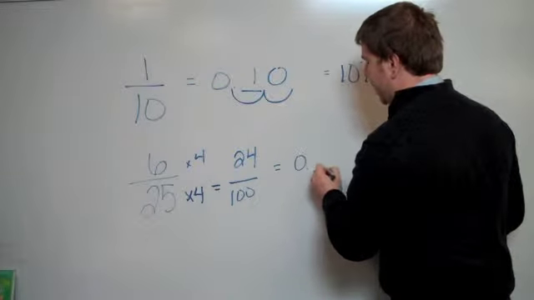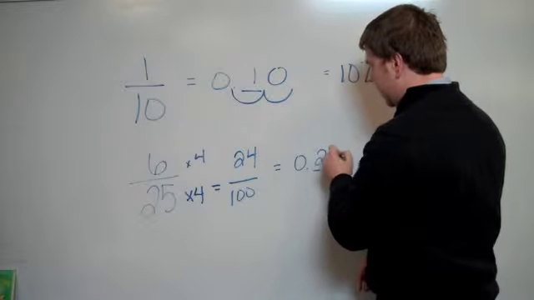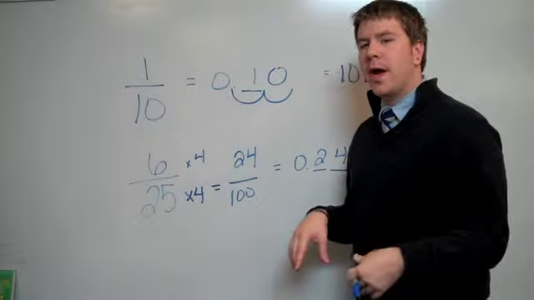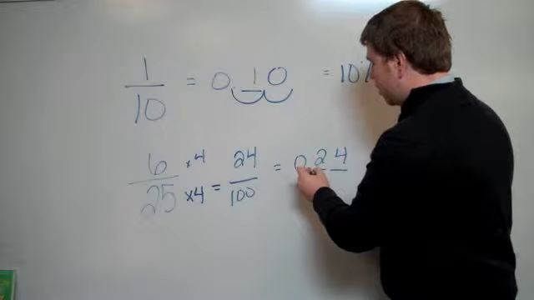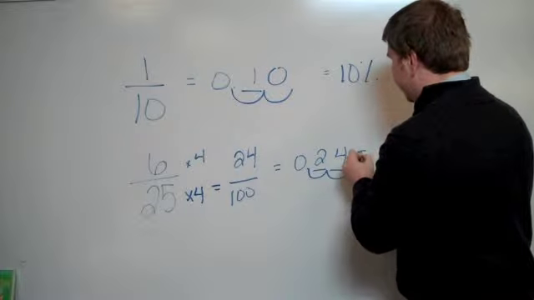Remember, I've got tenths and hundredths place. I've got 24 hundredths, so my decimal is now 0.24. To convert it to a percentage, it's one step. All I need to do is move my decimal place 2 places to the right, and I get 24%.